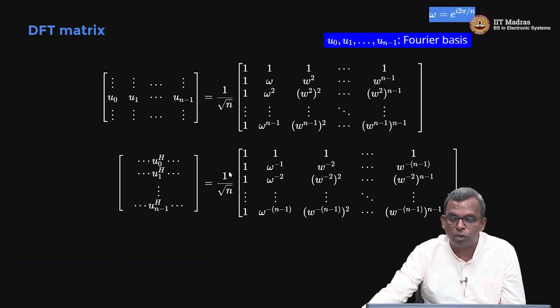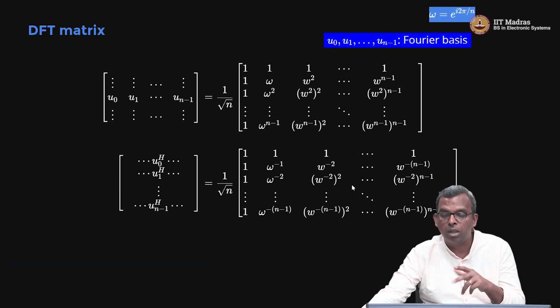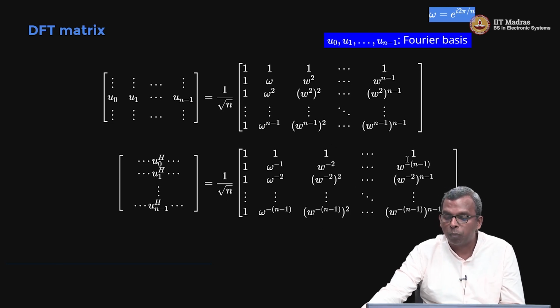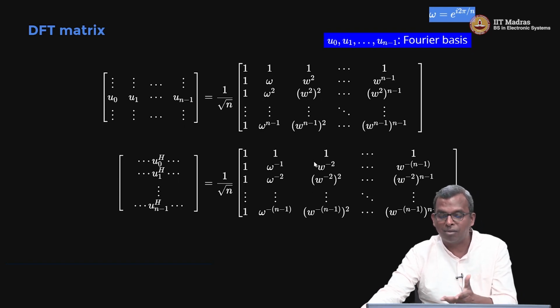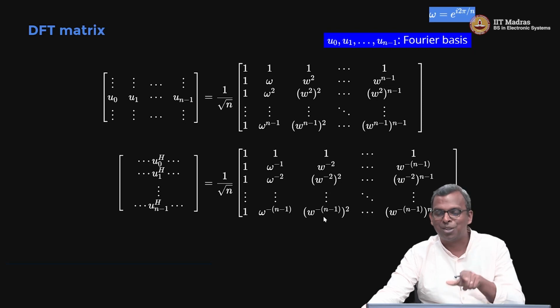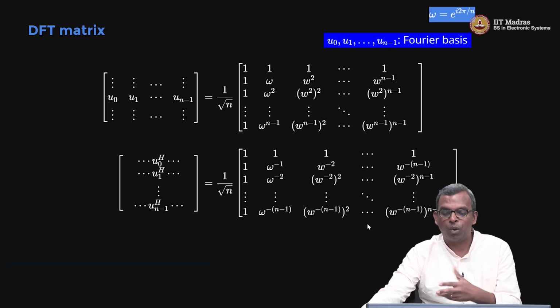The first row is 1, so the first column becomes 1. The second row is 1, omega, till omega power n minus 1, so the second column becomes 1, omega inverse, omega power minus 2, till omega power minus (n minus 1). The third row is 1, omega squared, till omega squared power n minus 1, so down here we'll have 1, omega power minus 2, till omega power minus (n minus 1) squared. So you see how the plus and the minuses are working here. Wherever you have omega with a positive power, you put a minus instead, and you get the Hermitian.